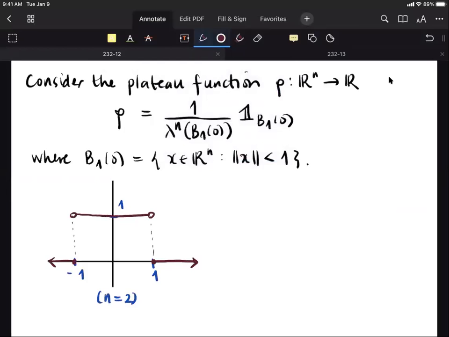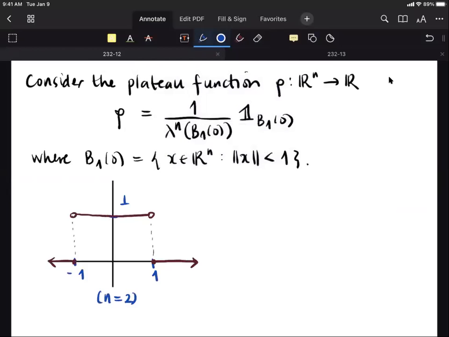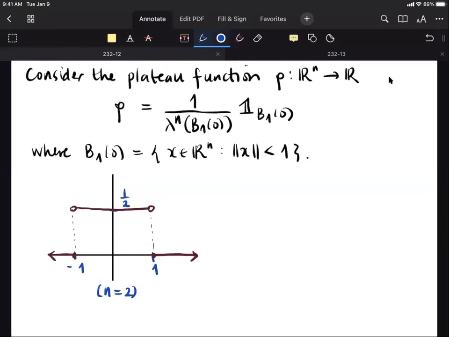Aha, so this should be 1/2, since the Lebesgue measure of this unit ball is equal to 2. So here you can think of this as the area.